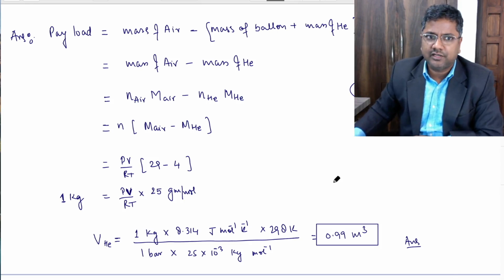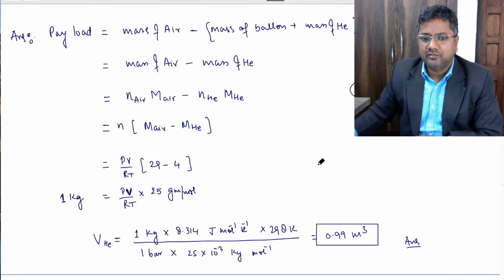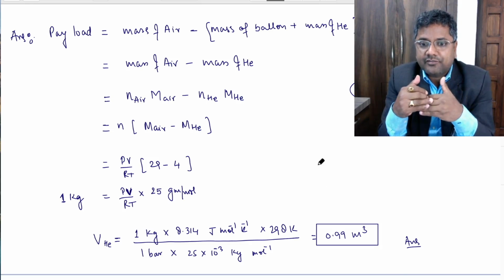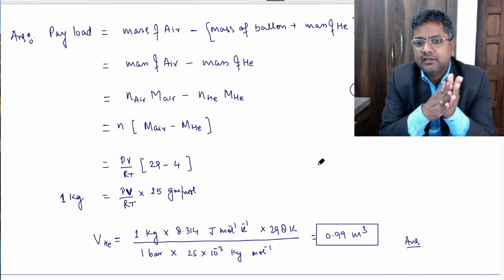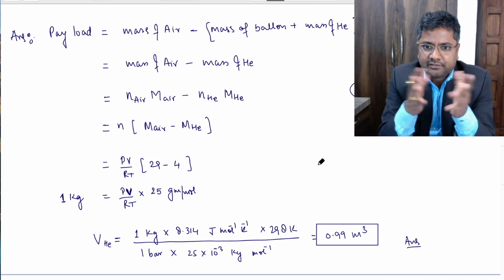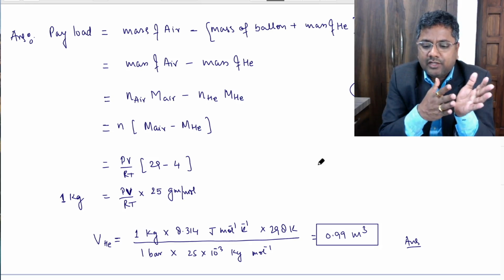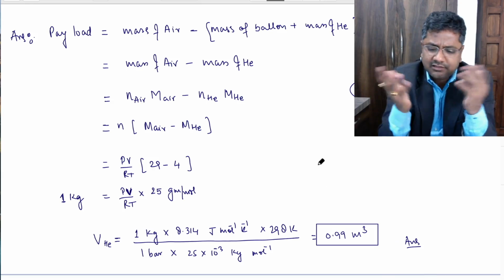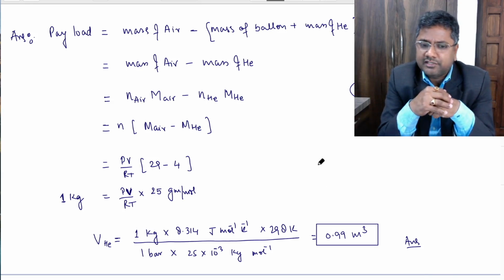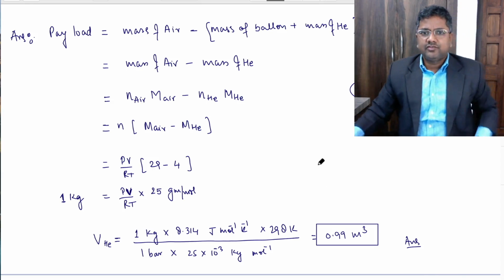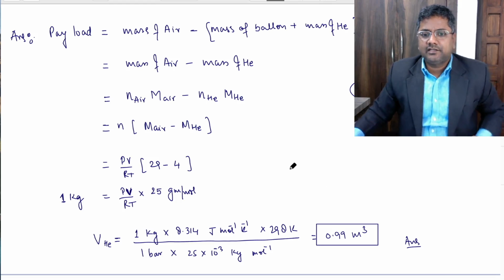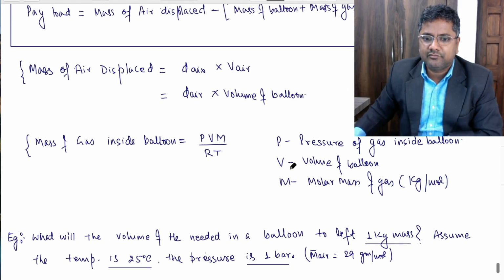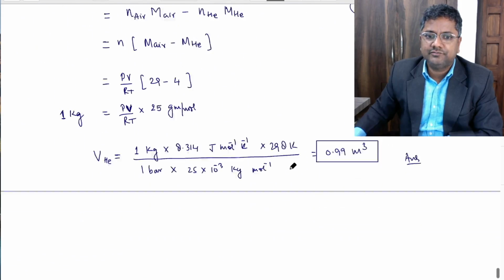If a question asks what temperature difference is required, in the same manner you put del payload equal to mass of cold minus mass of hot, then put P equal to nRT and calculate. A similar question you may get in your module and in your exams as well, right?